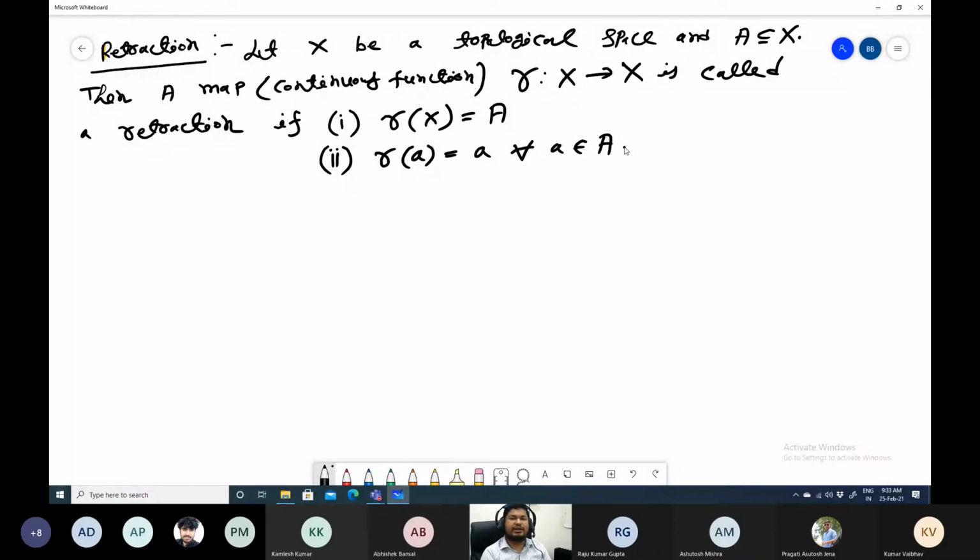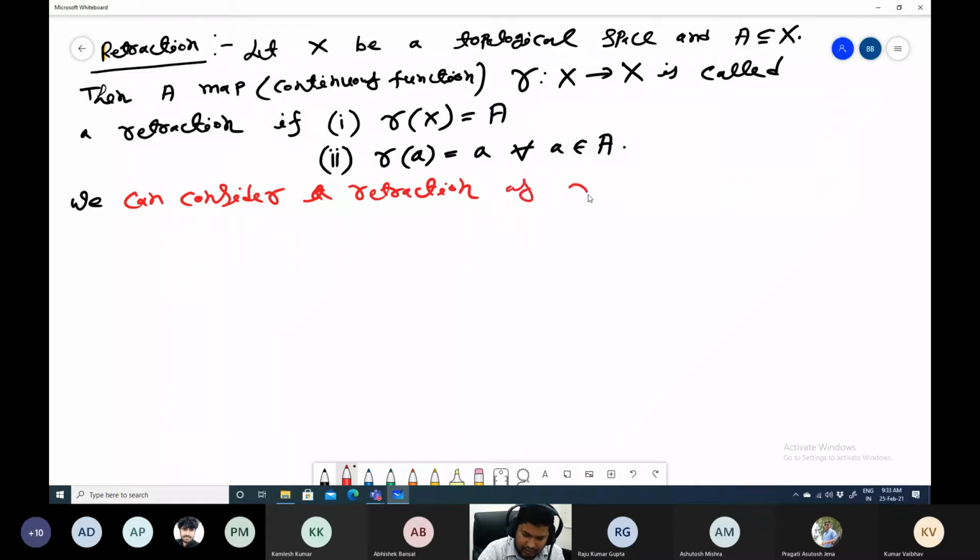Now obviously, since the image set is actually A, you can consider a retraction as R from X to A. That means you can consider R as a map from X to X, or you can consider R as a map from X to A. It depends on the problem.